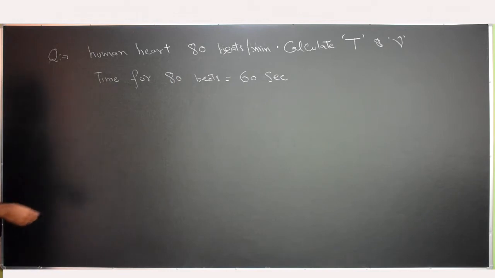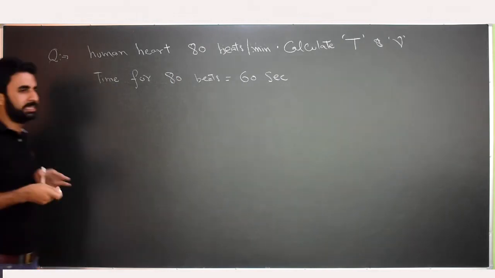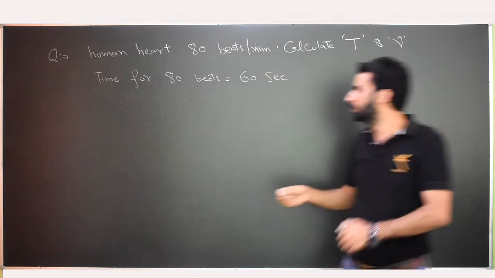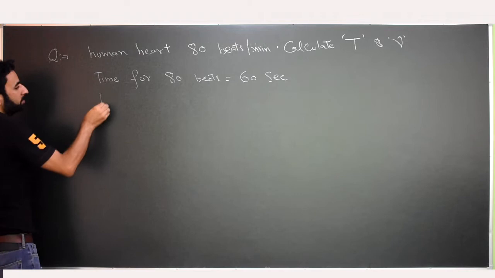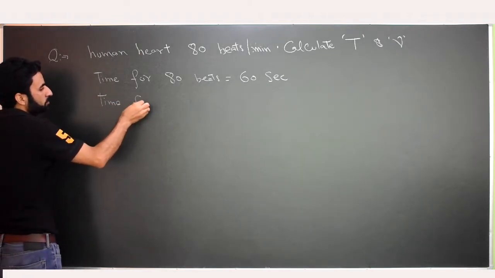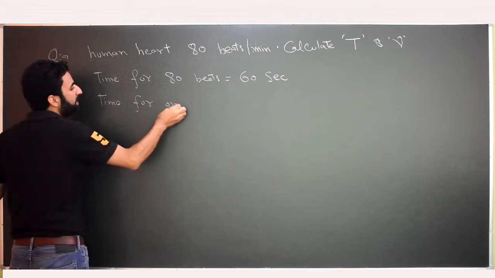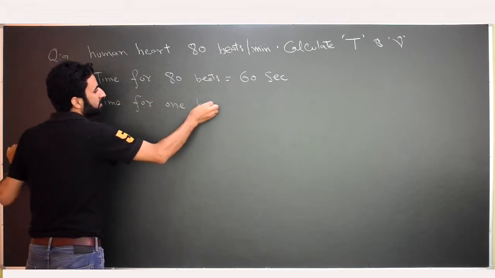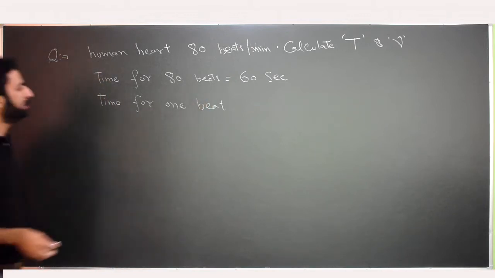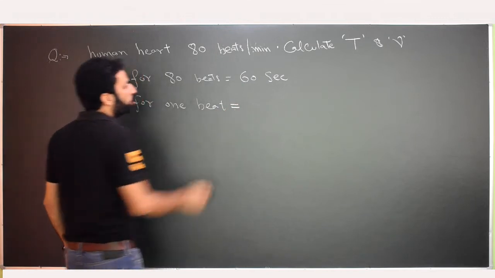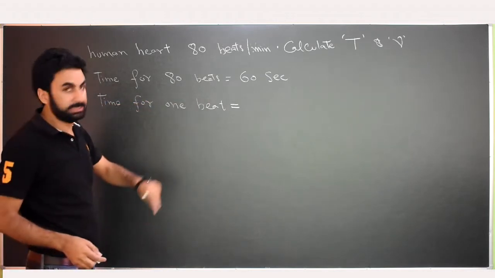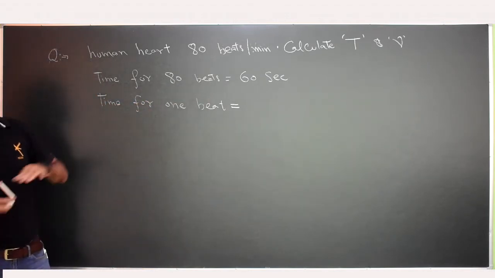Because once we discuss the frequency, we have to see how many beats there are in 1 second. So the time for 80 beats is 60 seconds. For 1 beat, the time taken will obviously be less than 1 second.